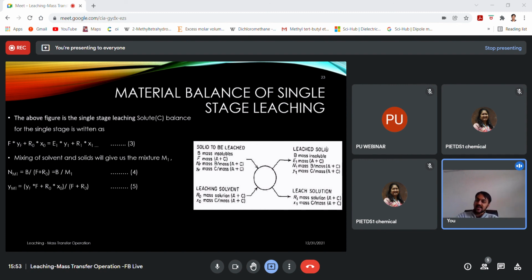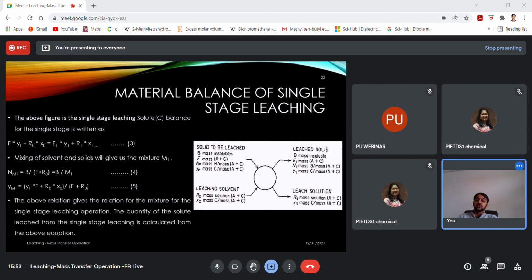And that has the mass fraction of YM1. So this gives the relation for the mixture of the single stage leaching operation, and the quantity of solute leached from the single stage leaching is calculated from the above equation.